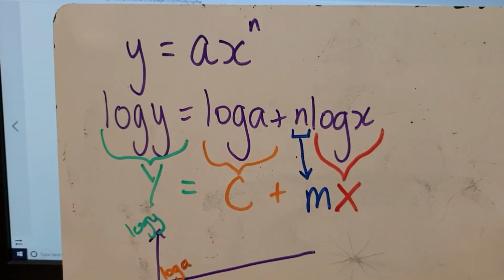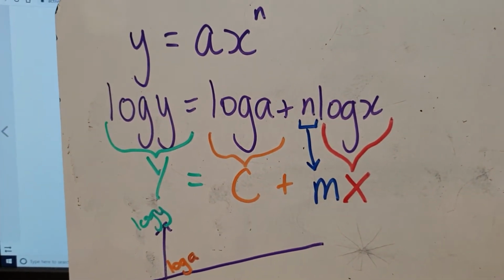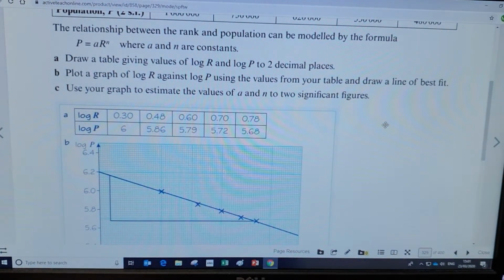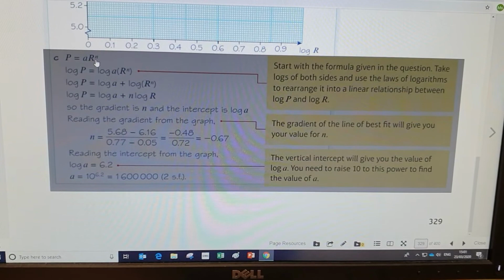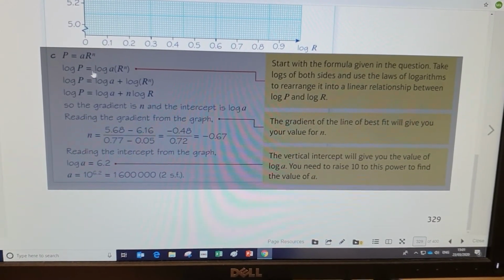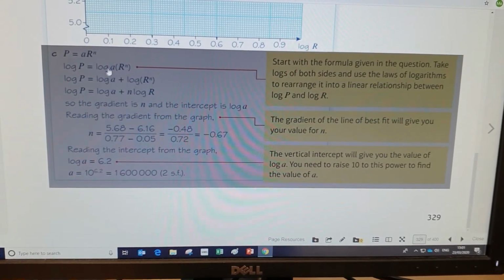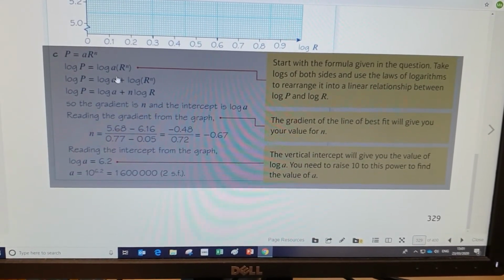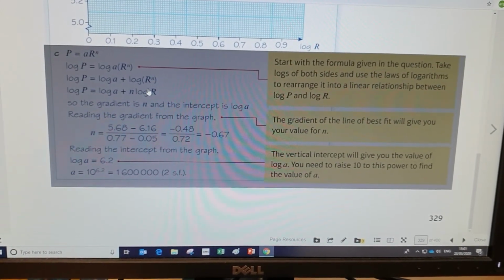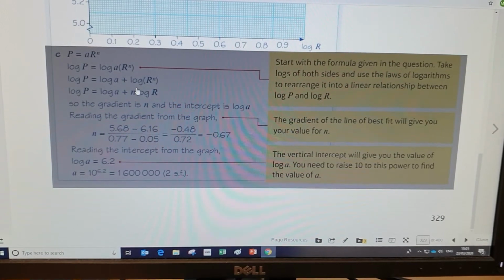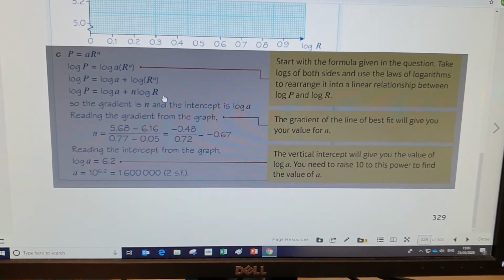We had Y equals AX to the N, and we turned it into Y equals MX plus C. So we've got P equals AR to the N, and we take logs of both sides. Using the log laws, this log of A times R to the N can become log A plus log R to the N. Then using power laws, we can bring that power down. So we've got log P equals log A plus N log R.